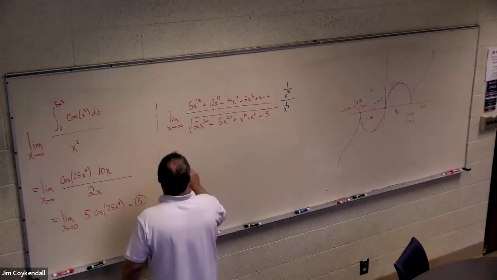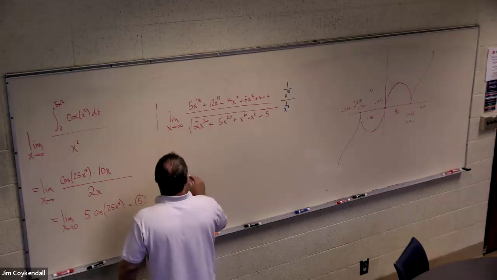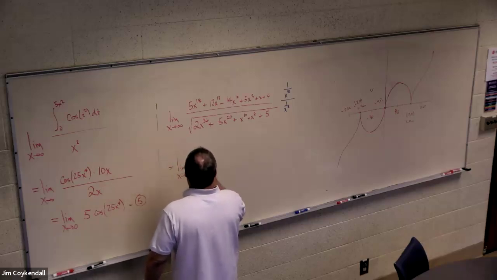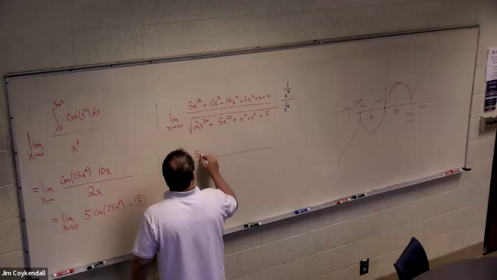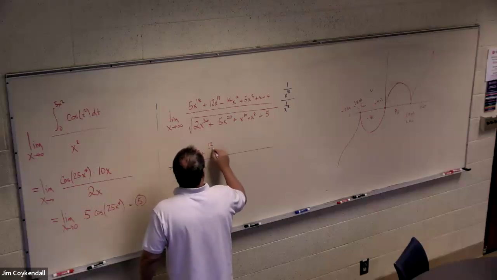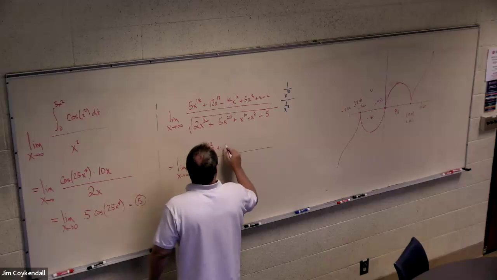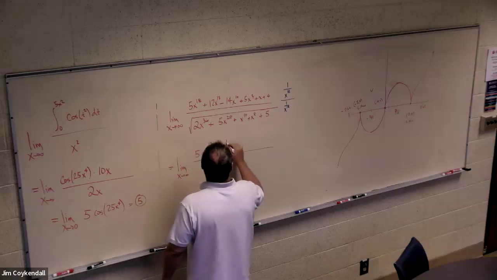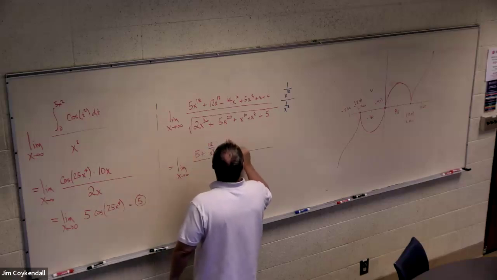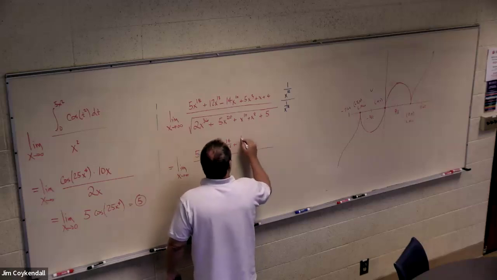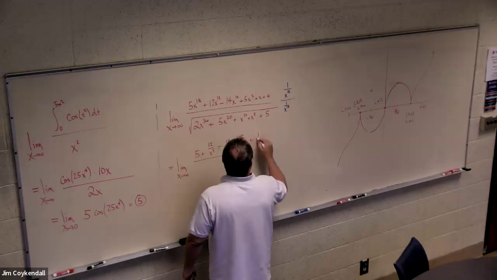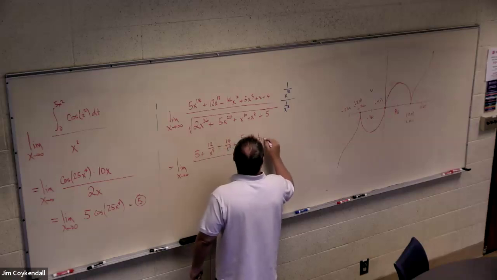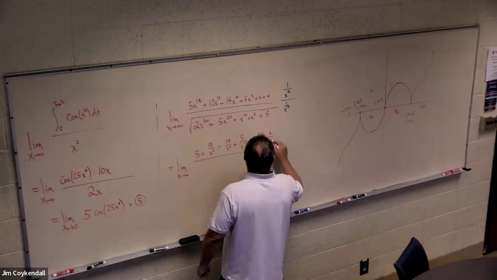Top. Five plus 12 over x to the 5 minus 14 over x to the 8 plus 5 over x to the 15 plus 1 over x to the 17 plus 4 over x to the 8.